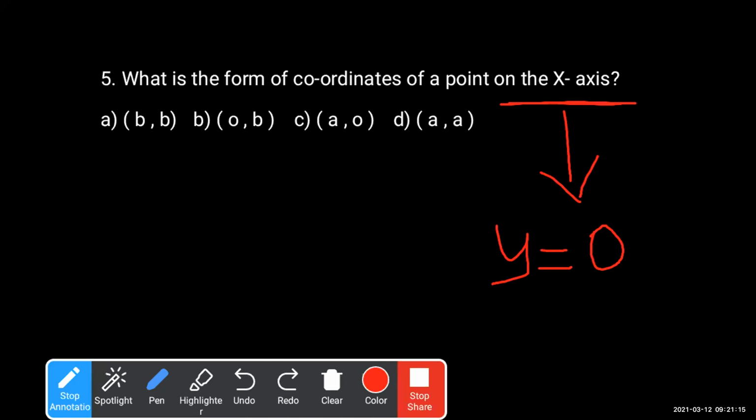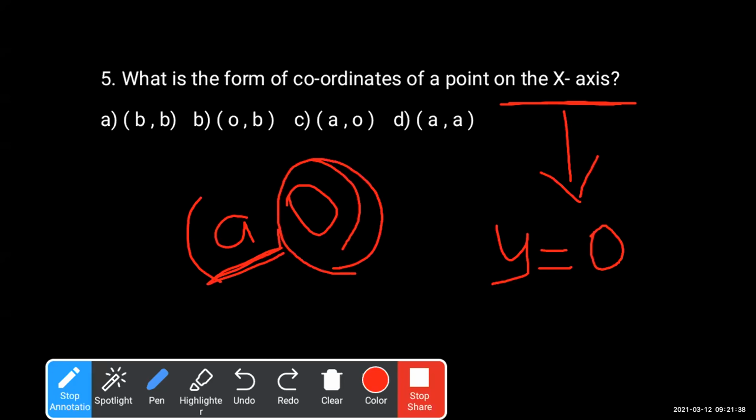So the correct option for this will be a comma 0, because this is the general form, as we don't have any coordinate mentioned in the question, and since it is on the x-axis, the y coordinate will be 0. So the correct option will be C.